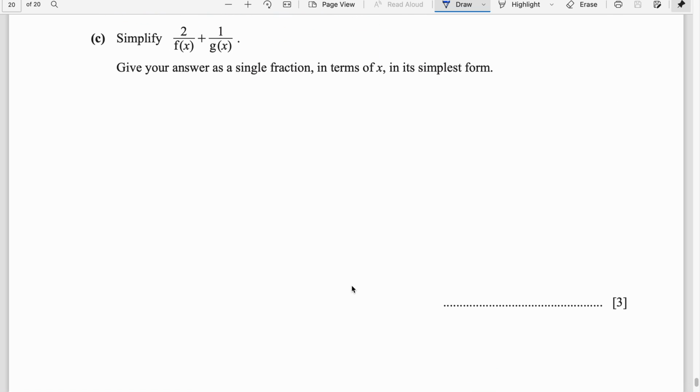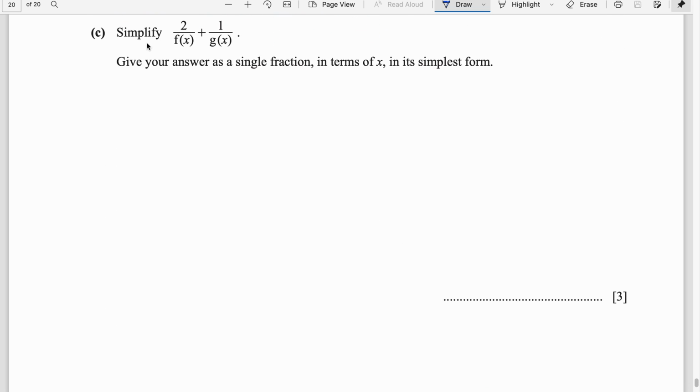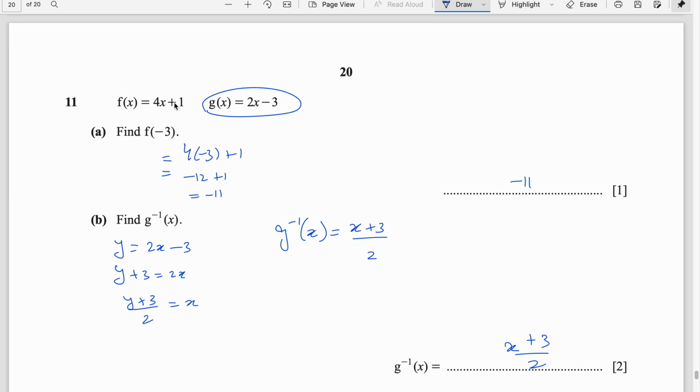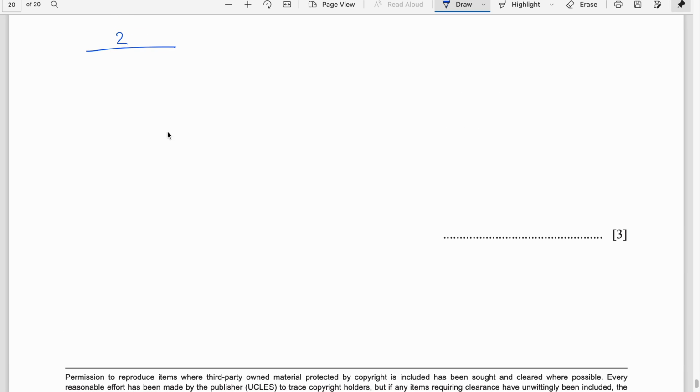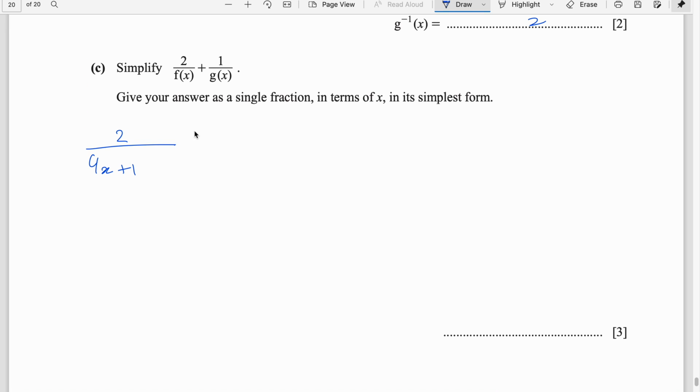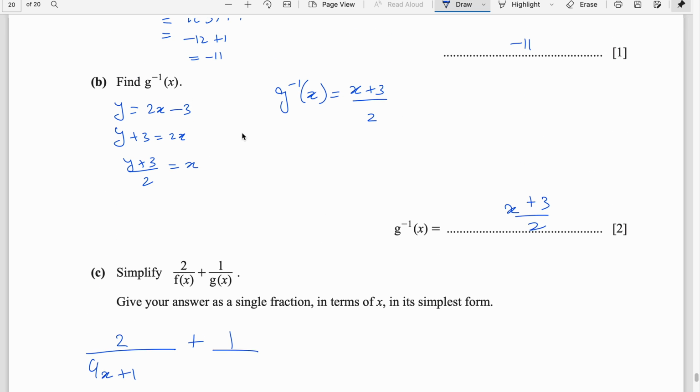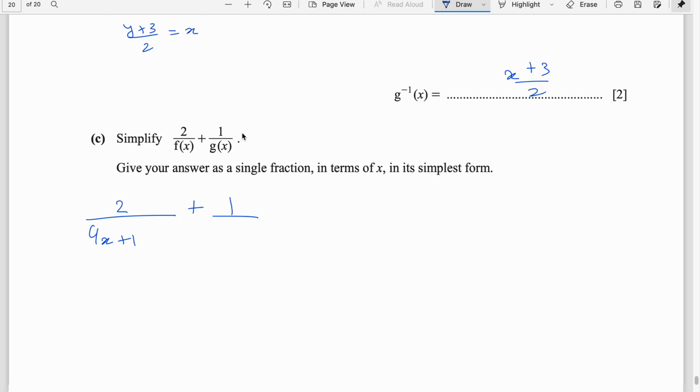Last part, simplify 2 over f of x. So 2 over f of x was 4x plus 1, and 1 over g of x, which is 2x minus 3.